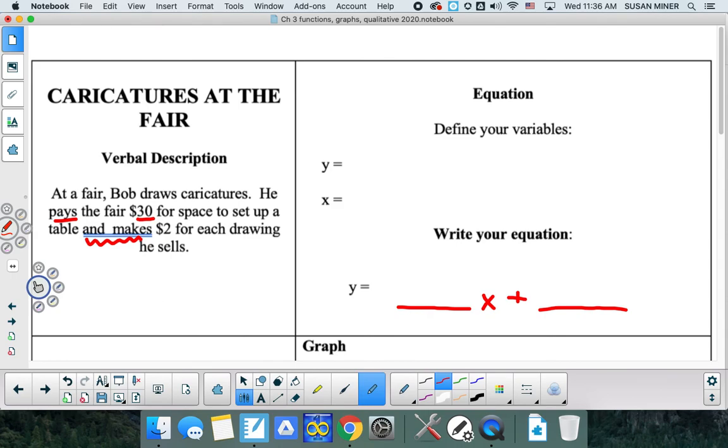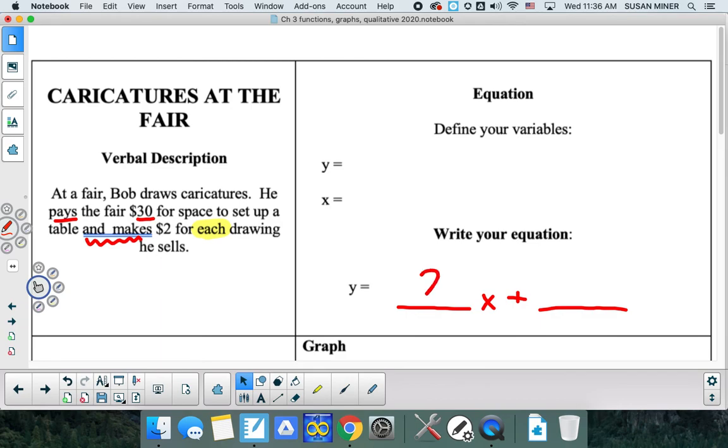So there's a couple of things happening here, right? First of all, let's decide what my unit rate is. What is my per number that I'm going to put in here? Well, we said earlier that it would be okay for me to look for the word each, and that meant the same thing as per.